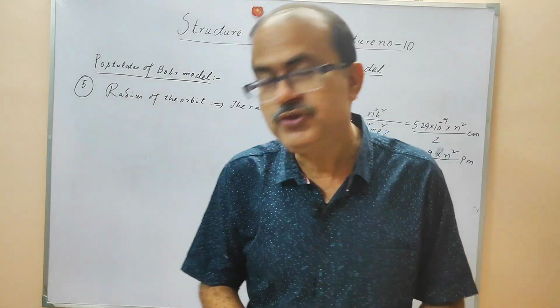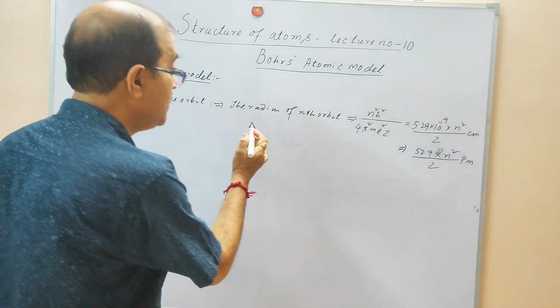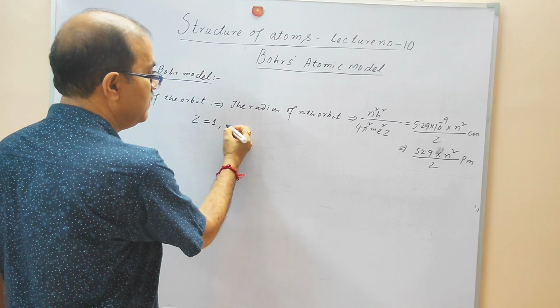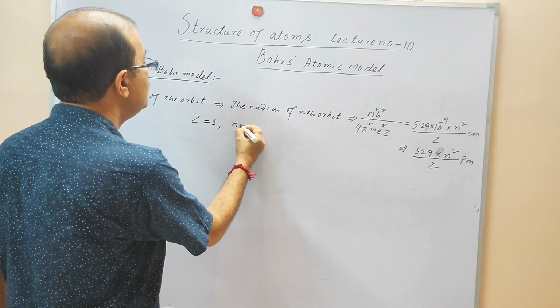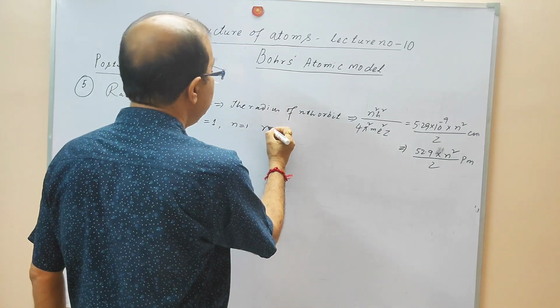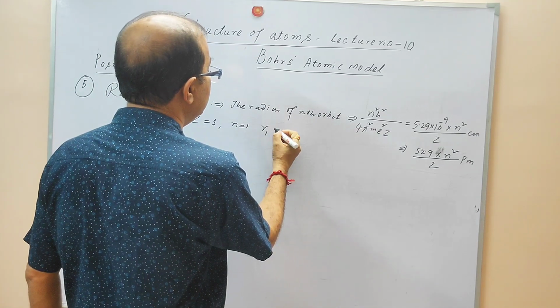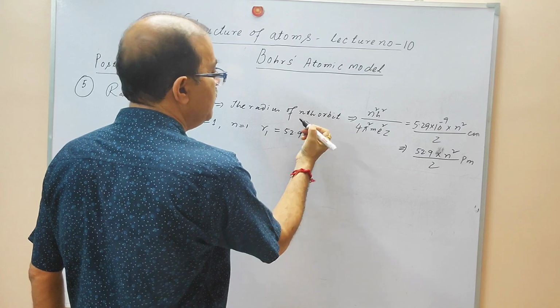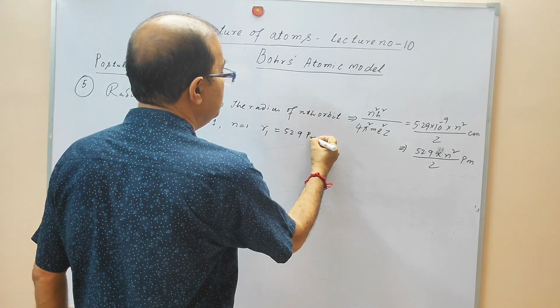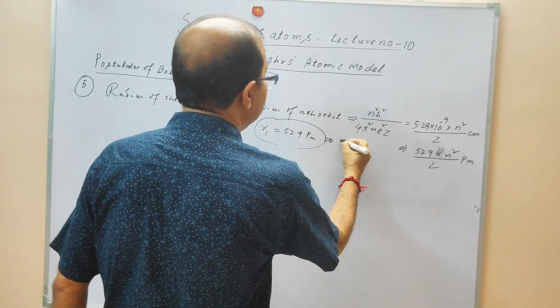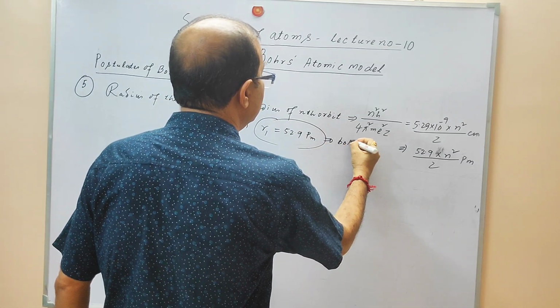Now for the hydrogen atom, we know Z equal to 1, and when n equal to 1, that is the radius of the first orbit, R1, it comes to 52.9 pm, and this is also called the Bohr orbit.